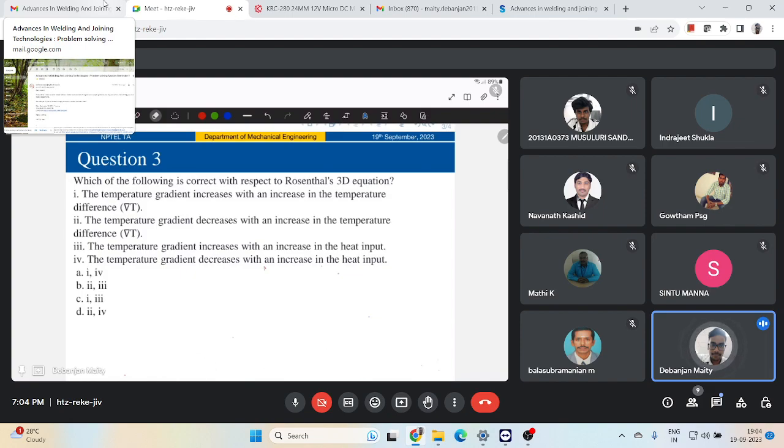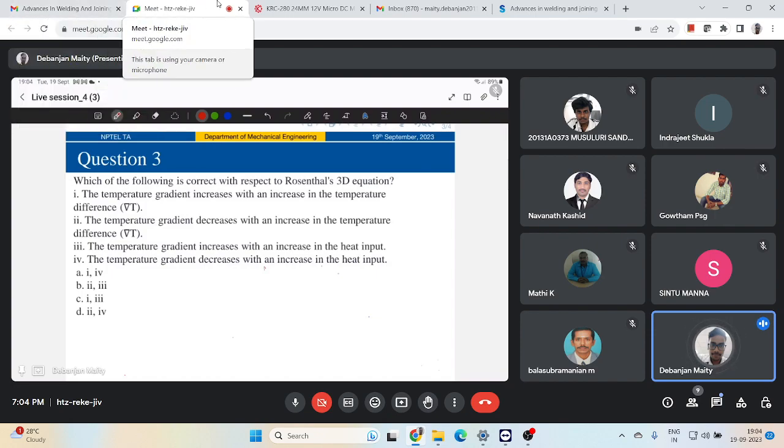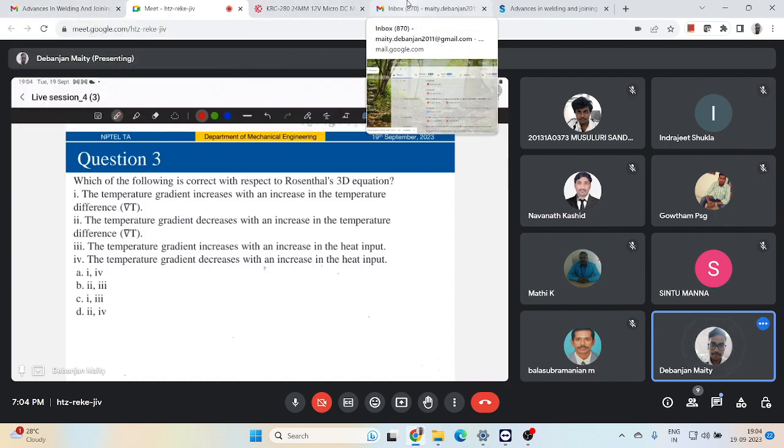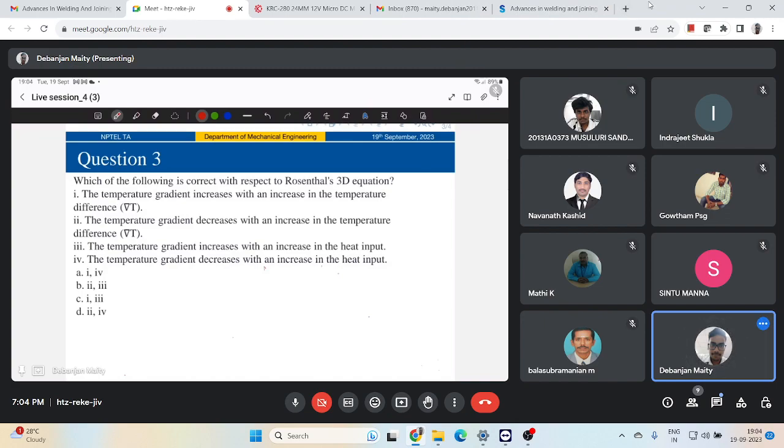Now, let us take two different cases. Let's say I'm heating a copper material, which has high thermal conductivity, and I am heating a steel material, which has very much lower conductivity compared to copper.